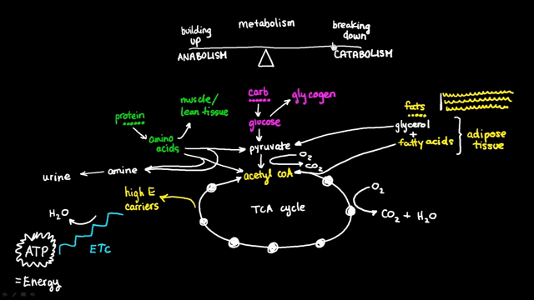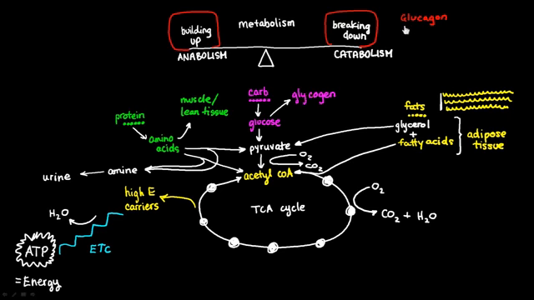And the balance between the breaking down reactions or the catabolic reactions and the building up reactions, the balance is controlled by hormones in our body. So there are several hormones that lead to breaking down of tissues. Things like glucagon leads to the breakdown of the stores of glycogen in our body.